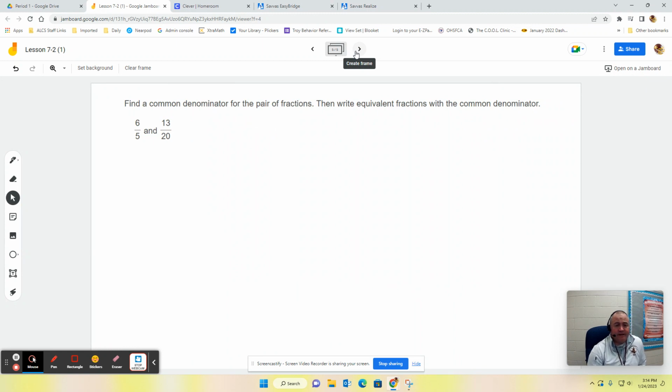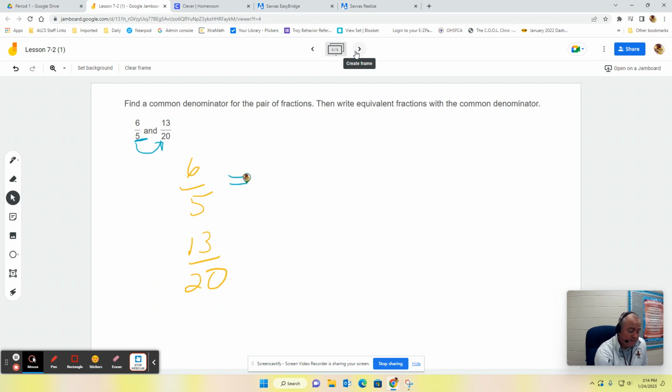So this one says, find a common denominator for the pair of fractions. Now I have 6/5 and I have 13/20. Remember, we can ask ourselves, can 5 go into 20? As long as you say yes, because 5 goes into 20 4 times.